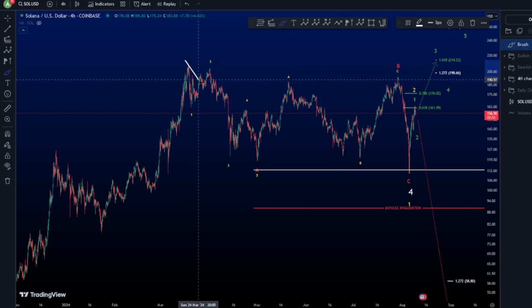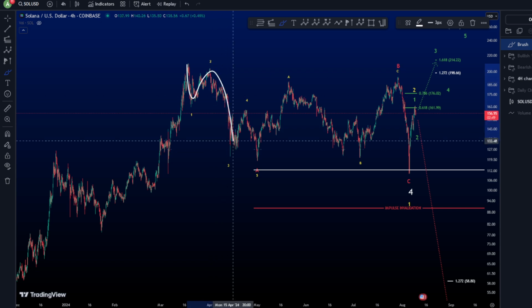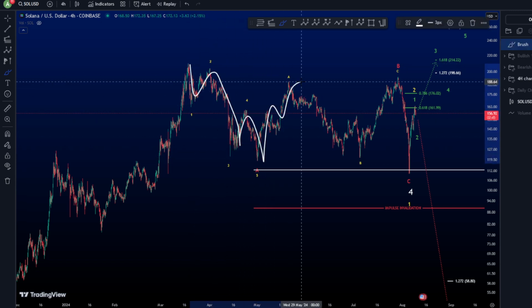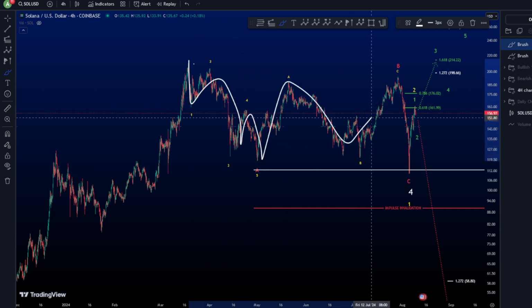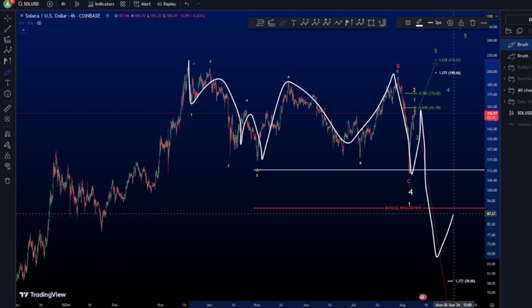We have in this correction an A and then a B, 3 waves. So 5 waves A, 3 waves B, and then we have 1, 2, 3, 4, and 5.